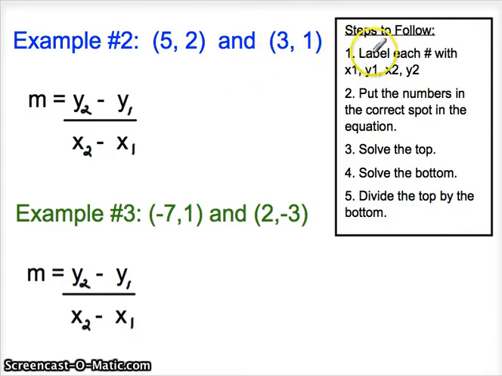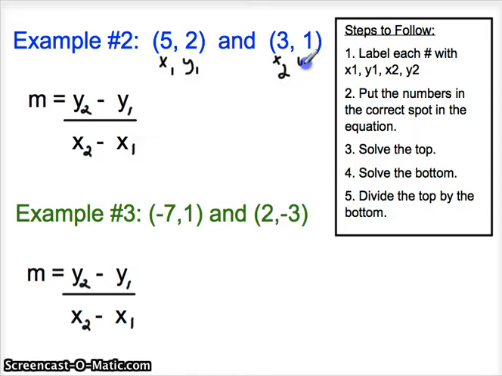As the directions say, let's start by labeling each number with if it is x1, y1, x2, or y2. The 5 is going to be x1. The 2 is going to be y1. The 3 is going to be x2.